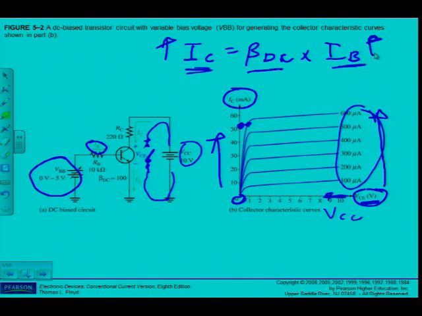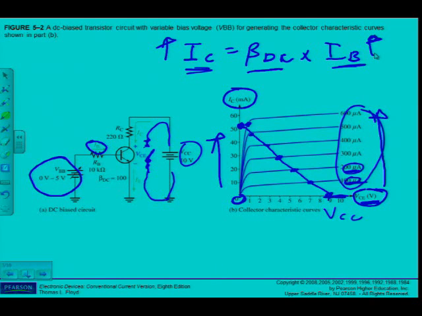Then we've also learned, if I connect these 2 points, the cutoff point and the saturation point, that is called my DC load line. So along this line my Q point is going to move. You can see here, as I change these values of IB, you can see where it cuts my load line. That would be the Q point for that IB, and so forth. You can see how the Q point moves along the load line as I change the value of IB.